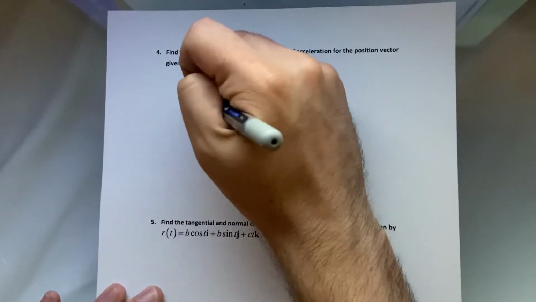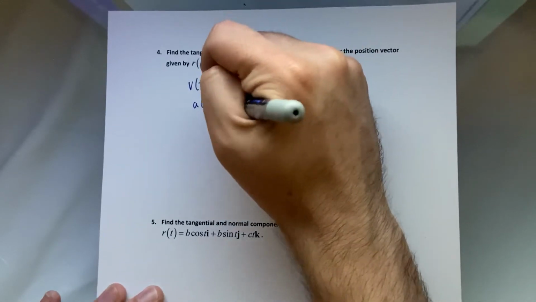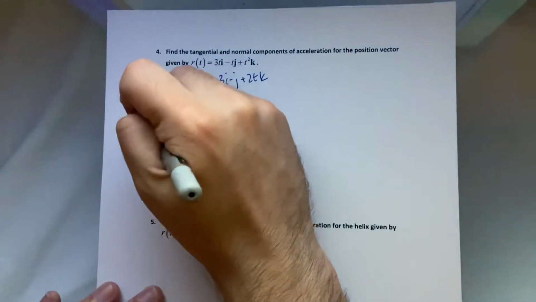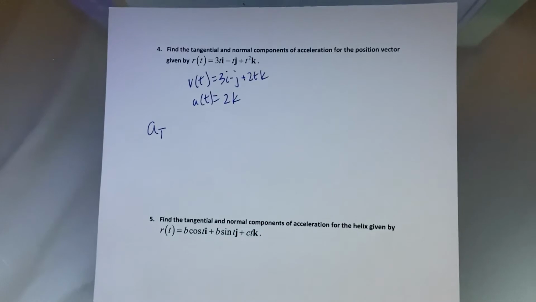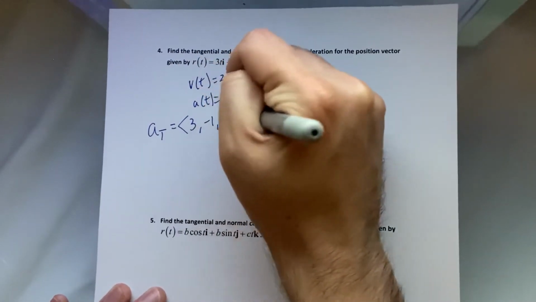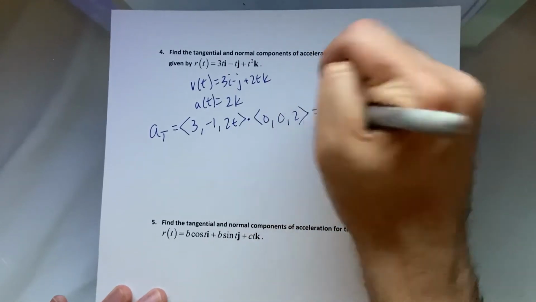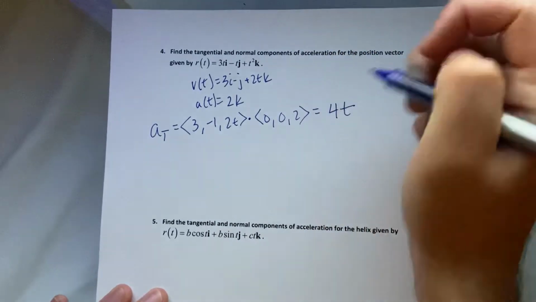Our acceleration function, these two are gone, it's just 2k. Now the tangential component of acceleration is the dot product of the velocity and the acceleration. So that's (3, -1, 2t) dot (0, 0, 2), which should just be 4t.